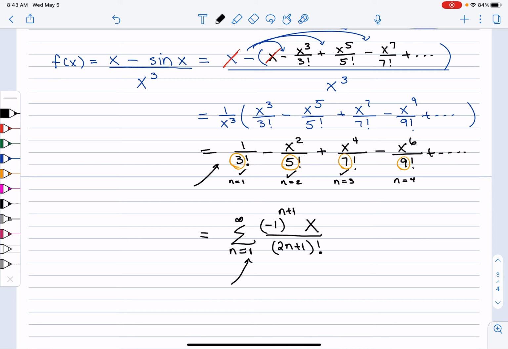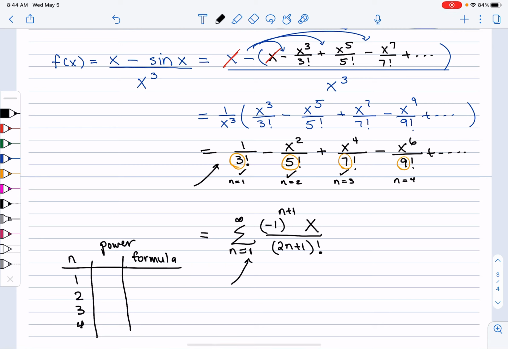If n is equal to 1, and then this will be the power. And then here we'll put the formula. So n is 1, 2, 3, and 4. So we have powers of 0, 2, 4, and 6. So we need to come up with a formula.